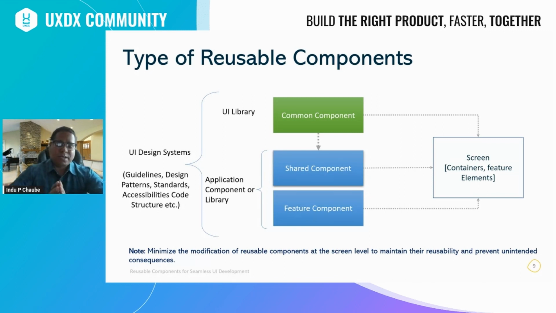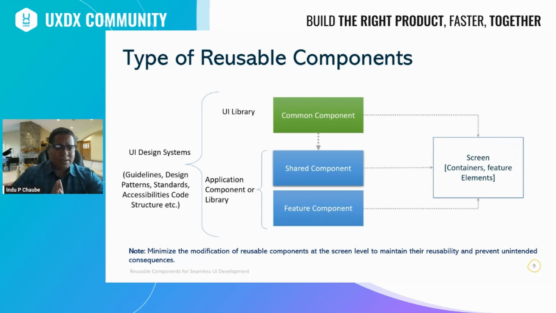One thing I'm going to tell, here the common component, then we are creating a shared component that is using the common component. And probably when we are creating a feature component, we are using some part of the shared component or common component together, right? So it is getting layered, one on top of another, right?